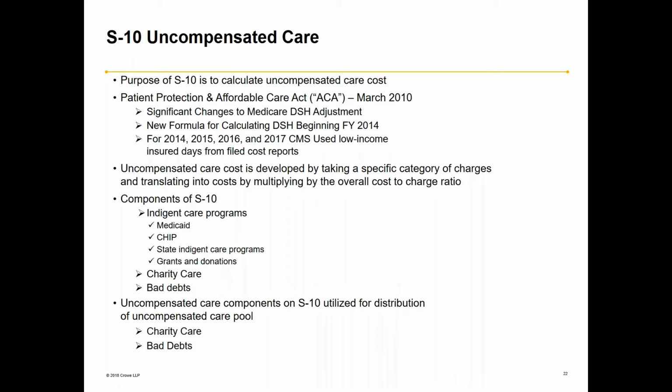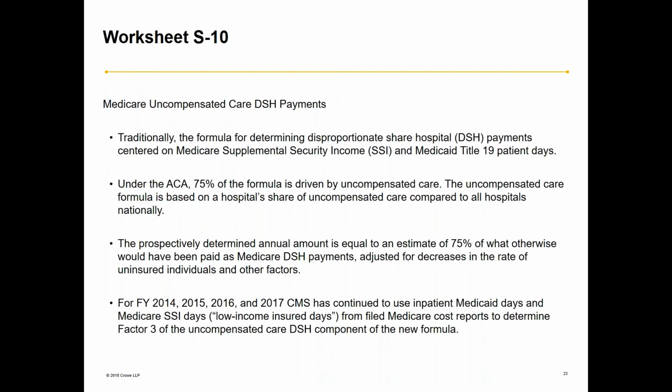But for what we're talking about here, the S-10 uncompensated care portion of the DSH payment that hospitals should be receiving, CMS decided that what would make up that would be the charity care and the non-Medicare bad debts. So on S-10, that would be lines 23 and 29, and those two numbers added up on line 30 is what goes into the uncompensated care amount, the uncompensated care cost for the hospital.